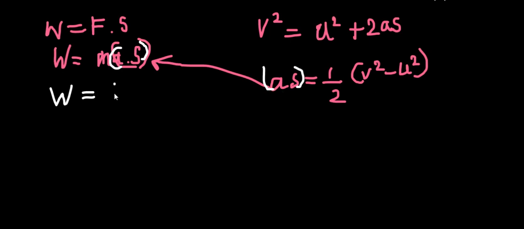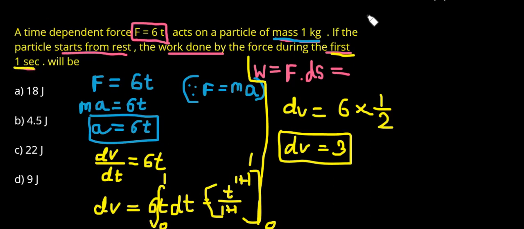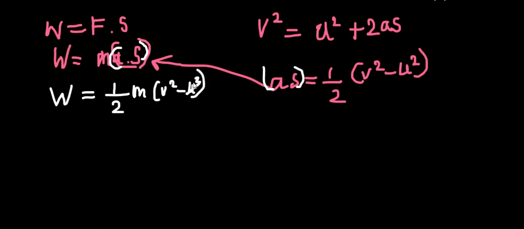So the mass can be written like this, into v square minus u square. If the particle starts from rest, then the initial velocity is said to be 0.